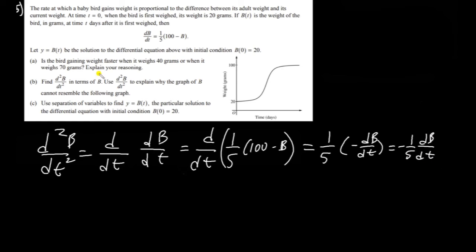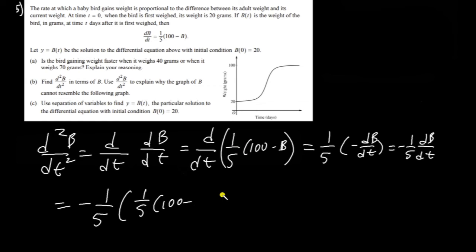But we're not done yet, because they're asking what it is in terms of B, and we still have a dB/dt here. This isn't completely in terms of B yet. So how do we get dB/dt in terms of B? Well, we know that dB/dt is equal to 1/5 times (100 minus B), so we'll just put it back in there. This is negative 1/5 times 1/5 times (100 minus B).